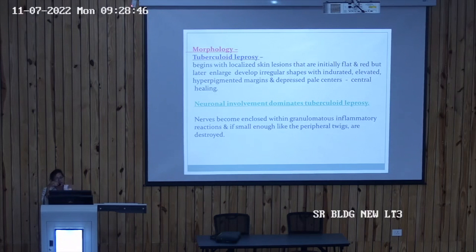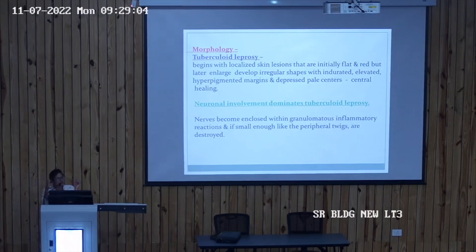They have pale centers because of central healing. So it begins flat and red, enlarges into an irregular shape, and the margins are elevated, indurated, and hyperpigmented with pale centers because of the healing of the center.